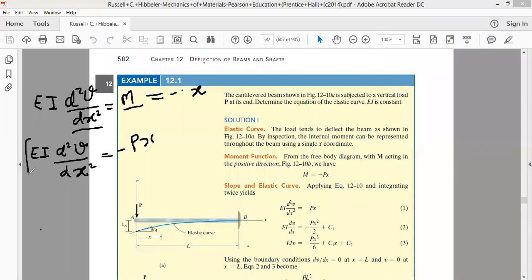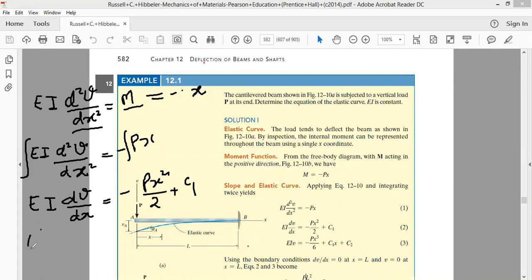Integrating both sides, the first integral will give us EI times d nu by dx, since one derivative will go, is equal to minus integral Px, which is minus Px square by 2 plus constant of integration C1. Because this is an indefinite integral, we are taking the constant of integration as C1.